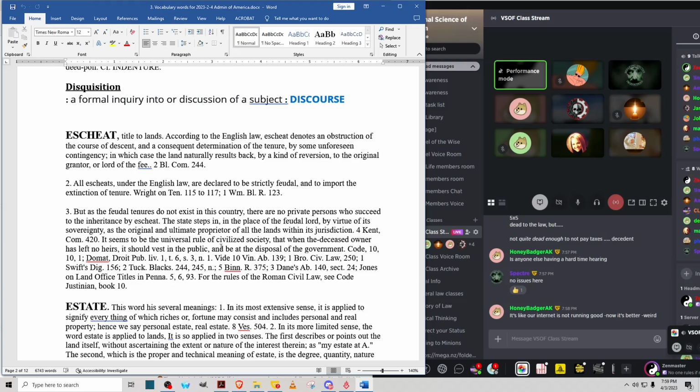And there's all kinds of rules about escheats. In some states, there was even the creation of a board of escheats, I think Michigan's one. If you read the original Michigan Constitution, they actually have a board of escheats that is constitutionally created, which no longer runs anymore, because what they did is they altered it by, I don't know if they really could alter it by statute. They would have actually had to amend the Constitution. Which, funny, you know what? I don't think they did amend the Constitution to move it. I think they just created a statute and threw it underneath the treasurer of Michigan, which was weird.